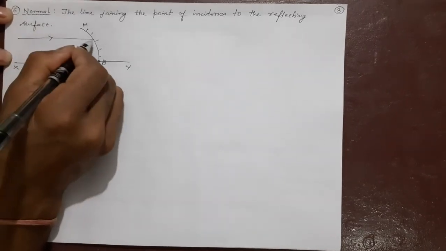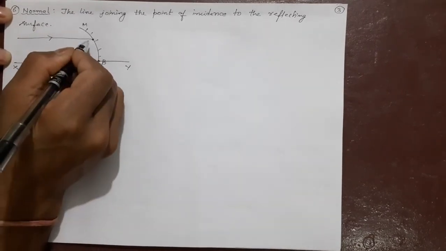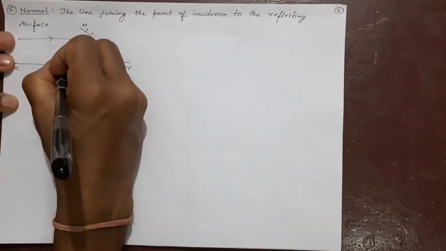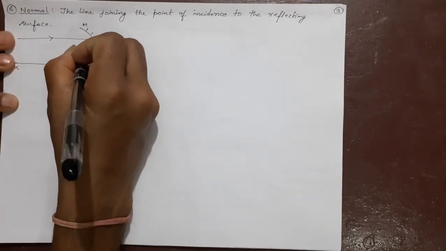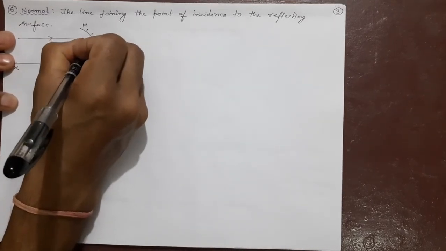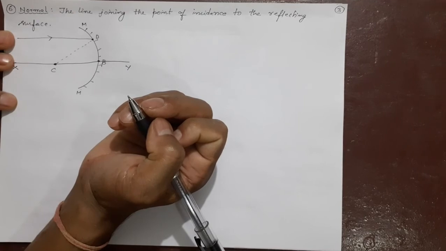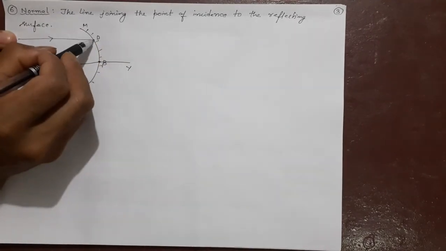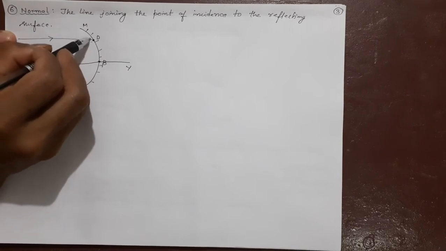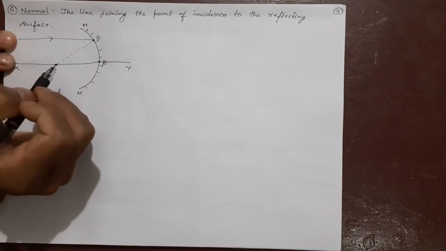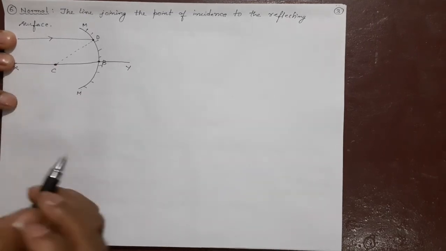Light will come and hit the mirror, and from that point, wherever it hits, from there, you join the center of curvature with a dotted line, like this. Suppose that hitting point is D. So this DC will be called normal. Why normal? Because here it is making 90 degrees. It is like the tangent and radius property in the circle.